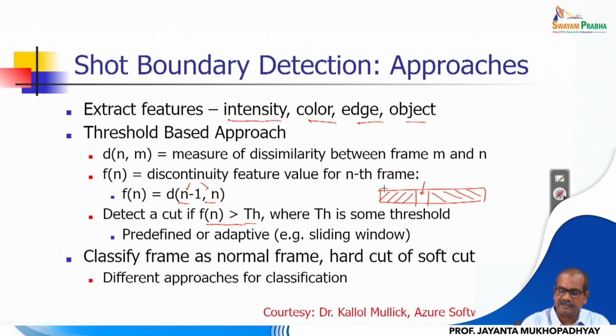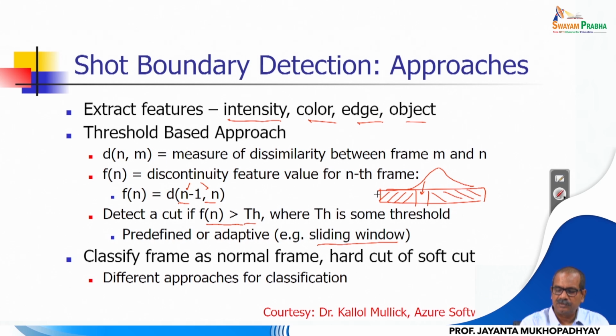Then we observe how this measure behaves. Take the statistical distribution of this measure, say if it is a scalar value, and find out the mean and average. From there, you can find out what could be the threshold value, which is not expected from this distribution, which could be an outlier of this distribution. I just mentioned one such method using this kind of statistical distribution, and that's why this sliding window.